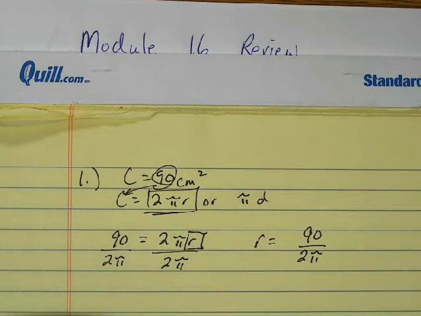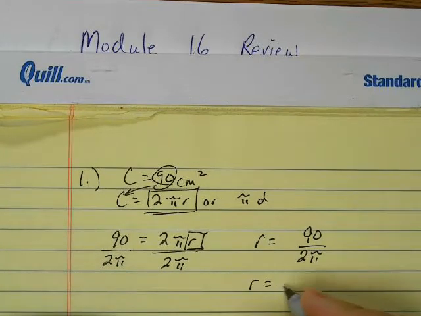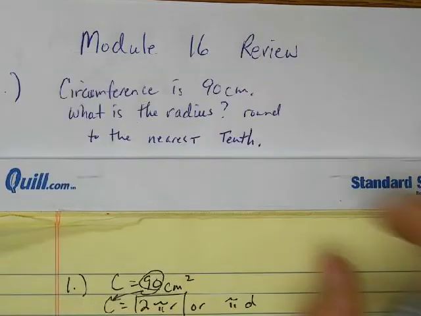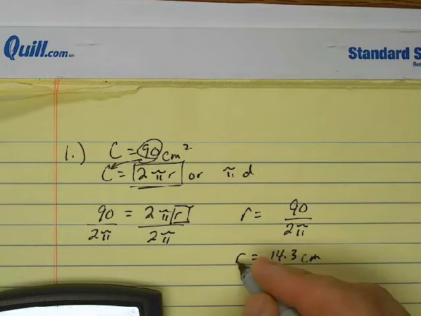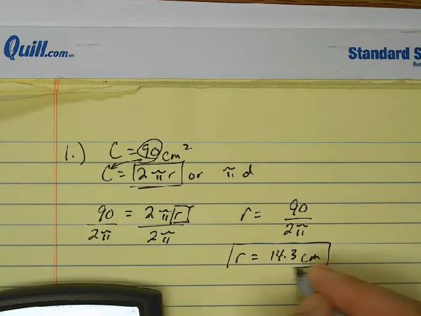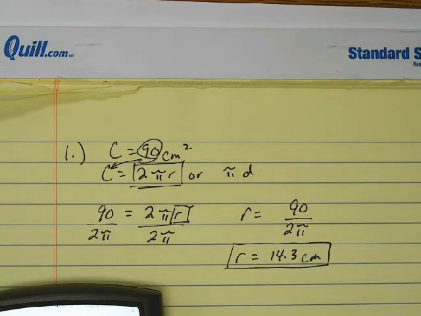So the radius in this case is 14.3. Did I say round it to the nearest tenth? There we go. 14.3 centimeters. Okay. Questions? Anything you want me to explain on that?